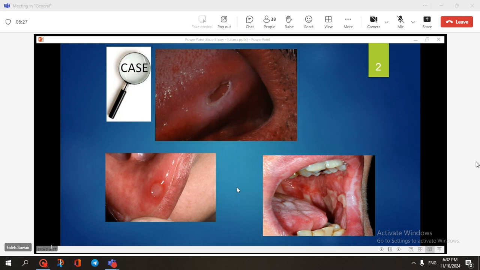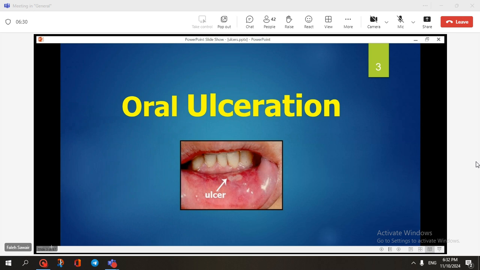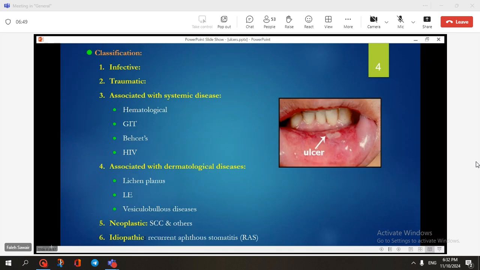So oral ulceration is that topic talking about patients who present to your clinic having single or multiple oral ulcers. You have to know this classification of oral ulcers in order to make a correct diagnosis.